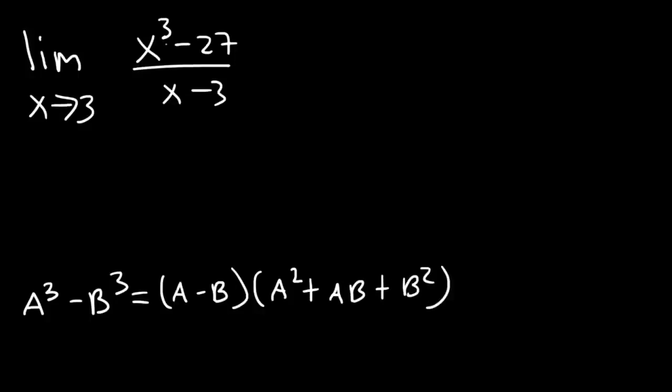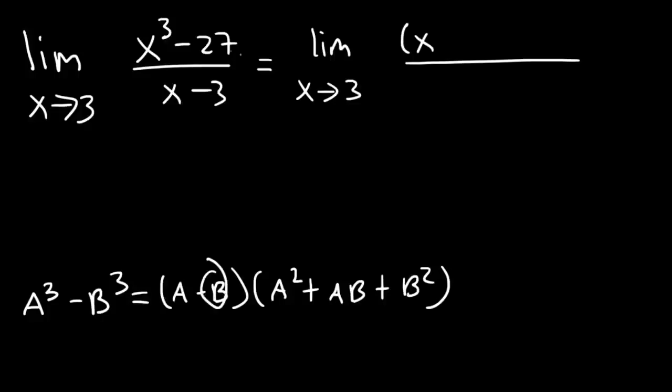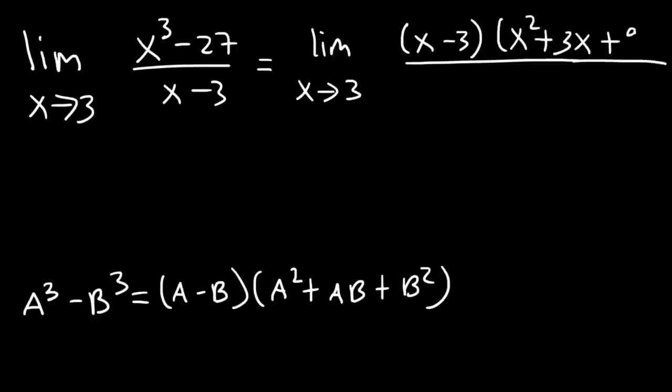So in our example, a to the third is like x to the third, and b to the third is 27. So a is the cube root of x cubed, which is x, and b is the cube root of 27, which is 3. So this is going to be x minus 3, and then a squared, that's x squared, plus ab, so that's 3 times x, plus b squared, or 3 squared, which is 9.